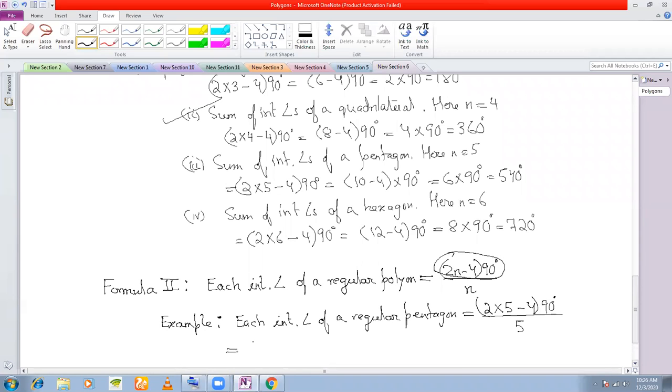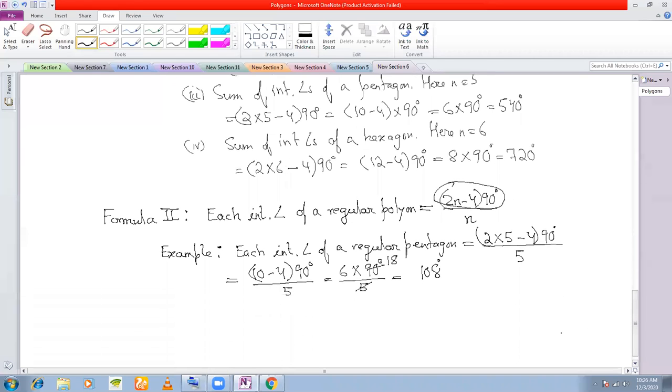So this comes to (10 minus 4) into 90 degrees divided by 5, which is 6 into 90 degrees divided by 5, which is, if you cancel this, 18 into 6. So this is 108 degrees.